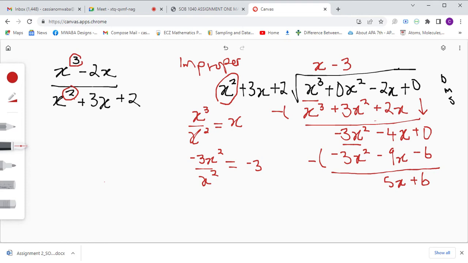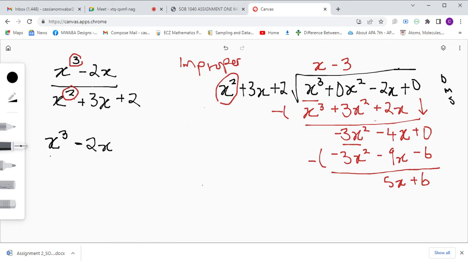So the first thing we're going to do to our fraction is to write the remainder over x cubed minus 2x.